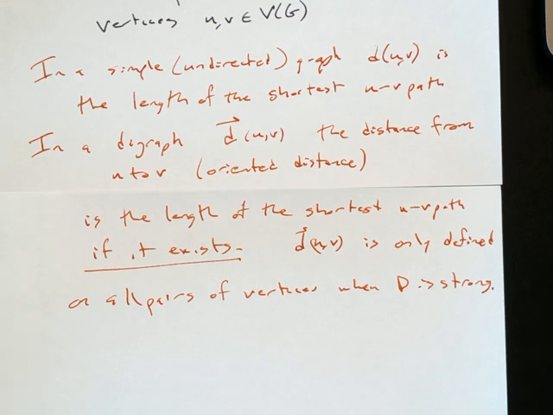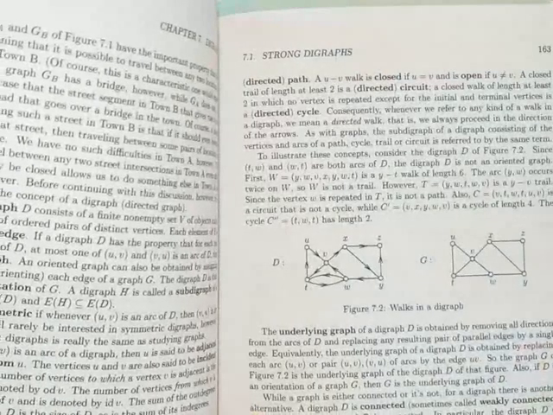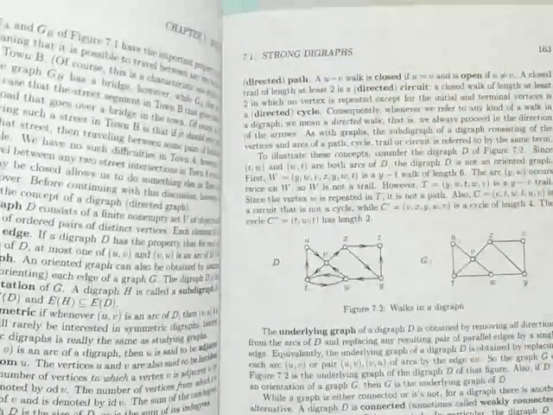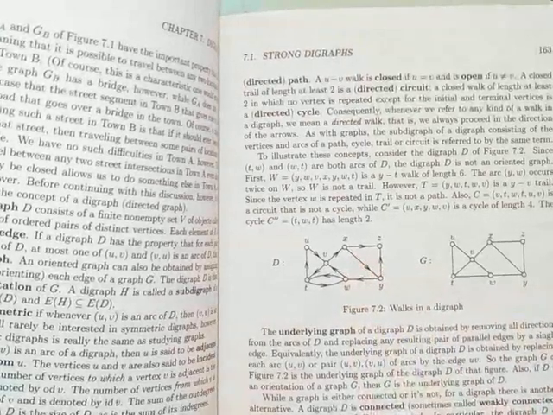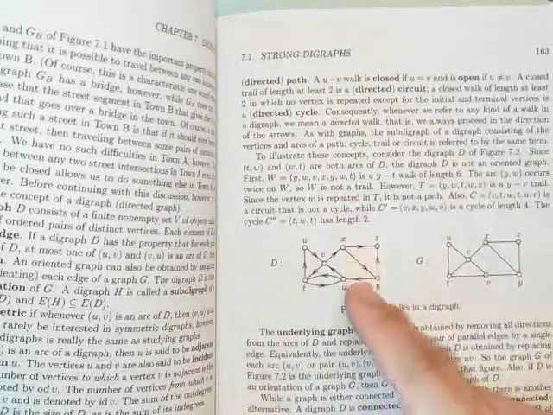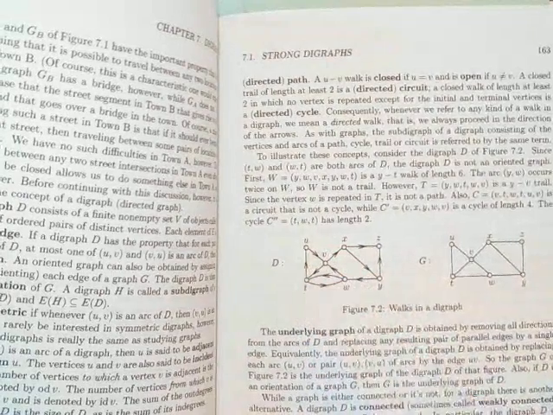Let's go back and look at that picture we were just looking at and see if we can check. This is not strong, but it could be if I turned one of them around, right? Either this one or this one. I'd be able to deal with that. But then 1, 2, 3, 4, 5, 6, 7, 8, 9, 10, 11 edges.